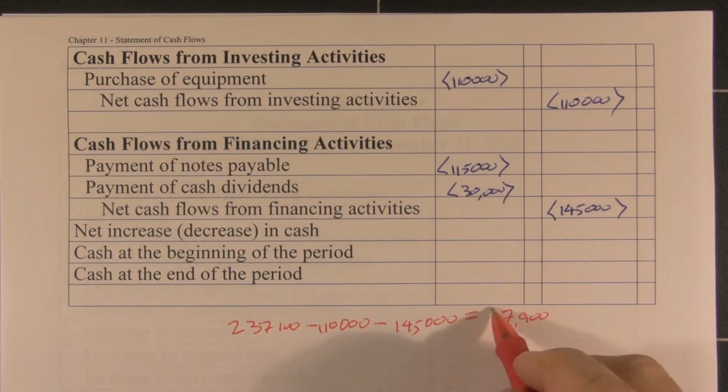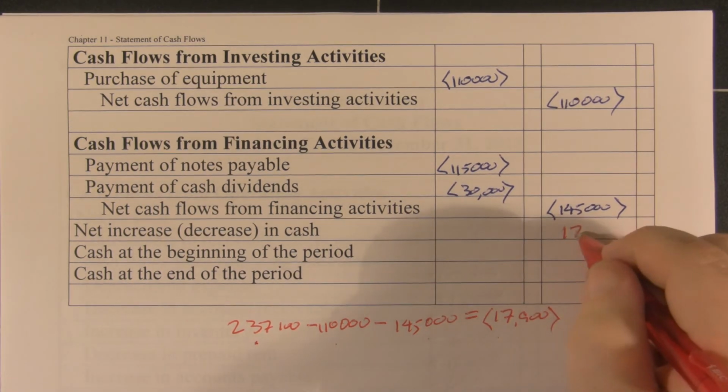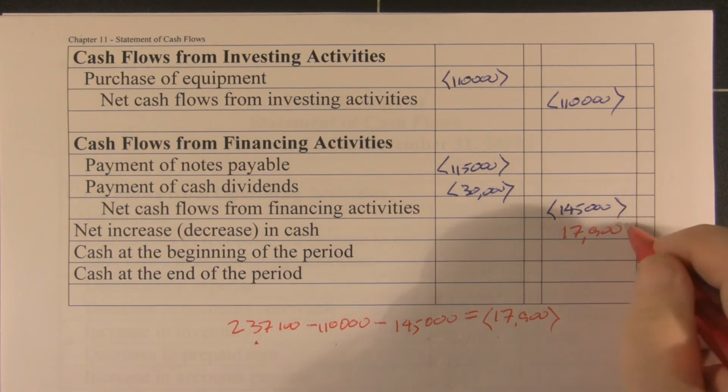So altogether, our cash went down $17,900. We got $237 from operating. We used $110 in investing. We used $145 in financing. Our total change in cash is $17,900, negative.